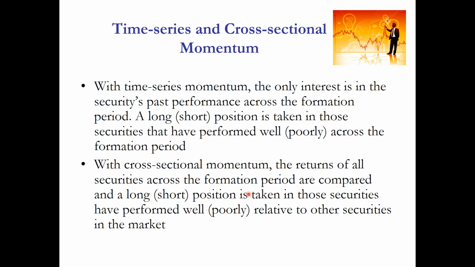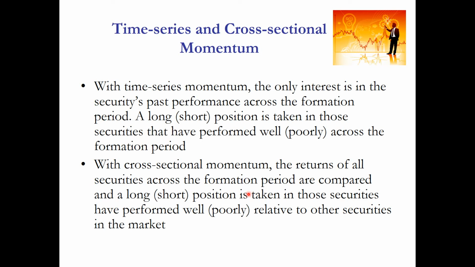So as we spoke before, there are these two different momentum strategies where a time series momentum strategy only focuses on the past performance of security returns themselves. So basically it's going to buy any stocks that have outperformed the market and sell any stocks that underperform the market.